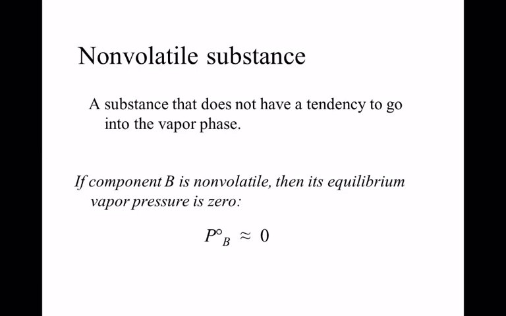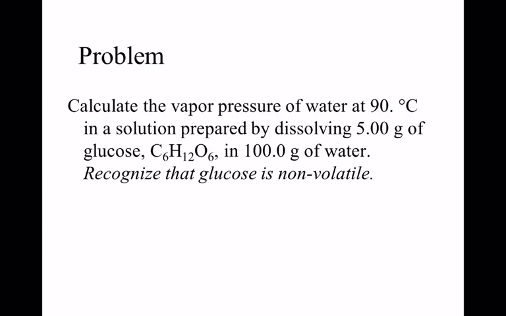In that case, if you were to monitor the partial pressure of that particular component, let's say B is your non-volatile component, at equilibrium you're basically going to have 0 up there. And that is true. So let's do one of those. Those are the easiest ones, where your solute, in lesser amount, is non-volatile. It's not going to go into its gaseous phase.